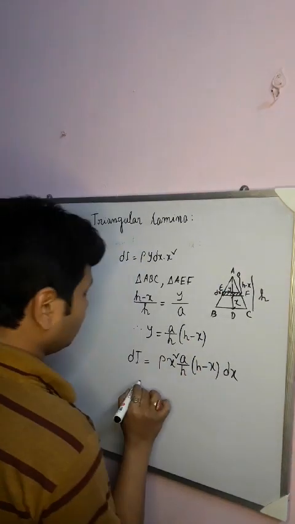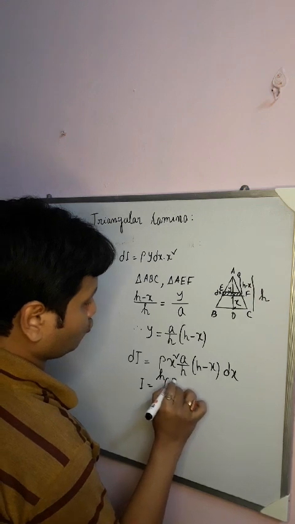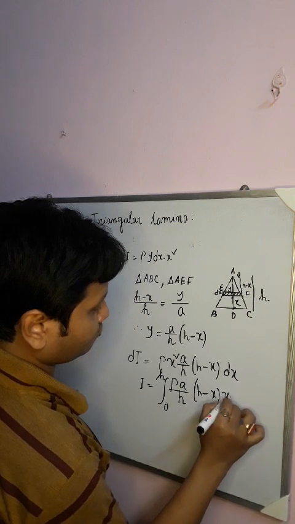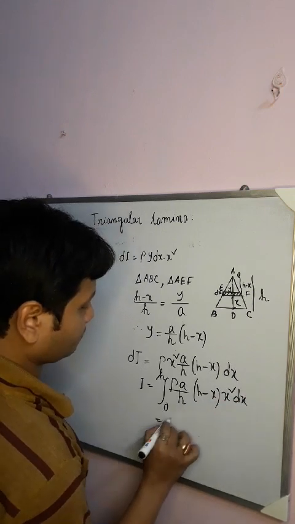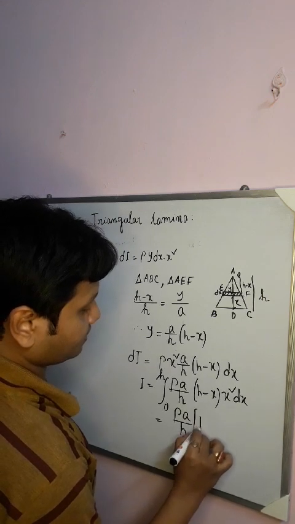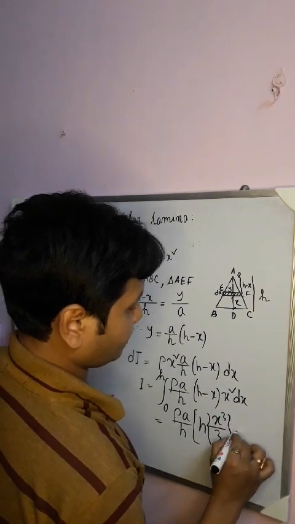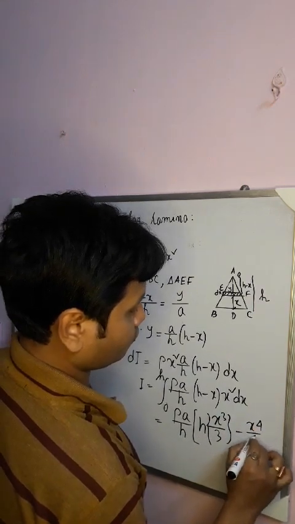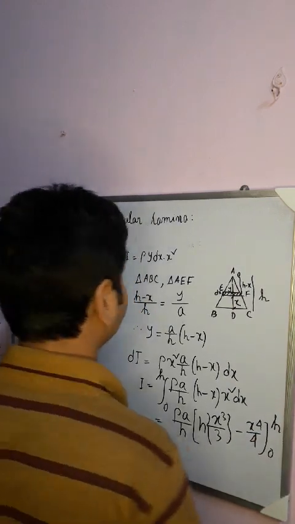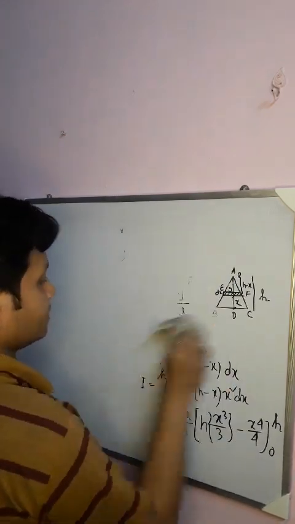So rho a by h, integral of h minus x into x square dx. This is constant, so we can take it out. Integrating x square dx gives x cube by 3, and x cube dx gives x to the power 4 by 4. The limit will be 0 to h. So let us calculate this.